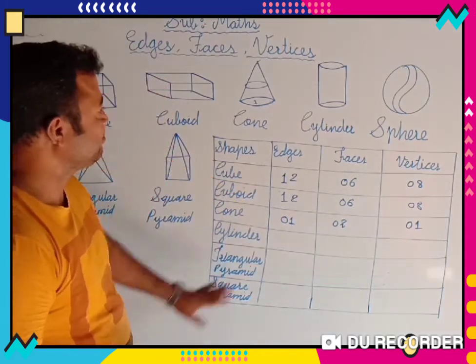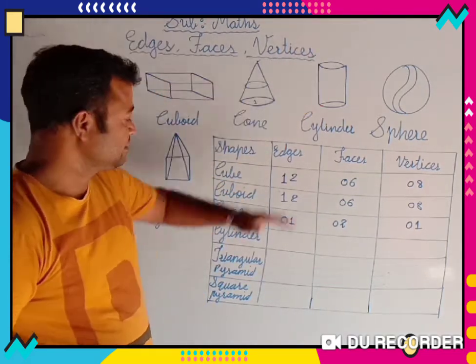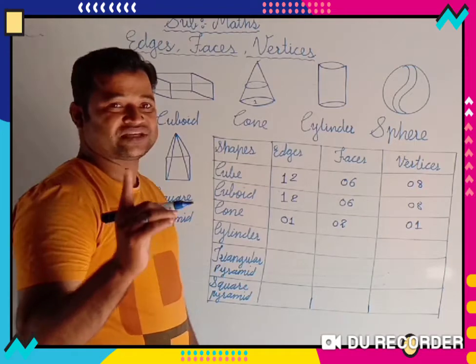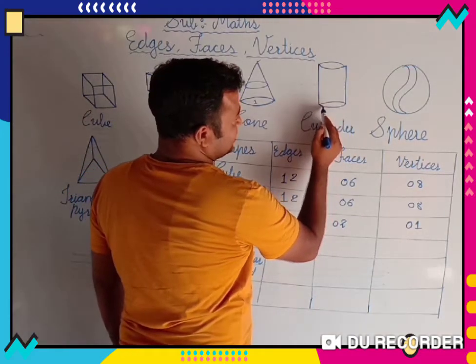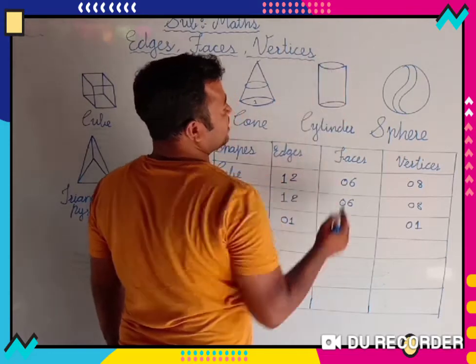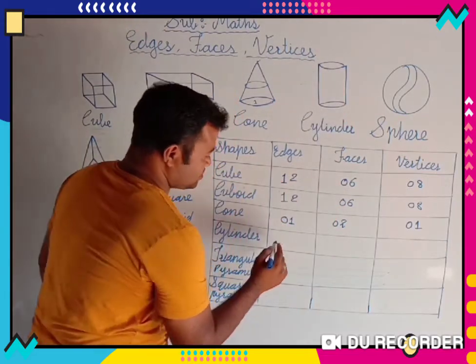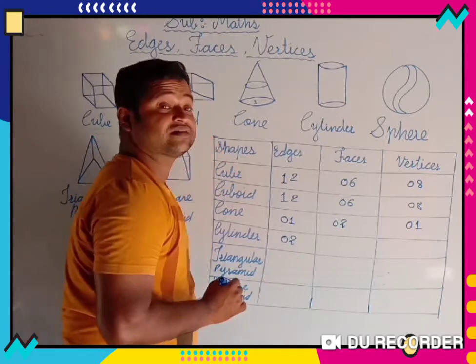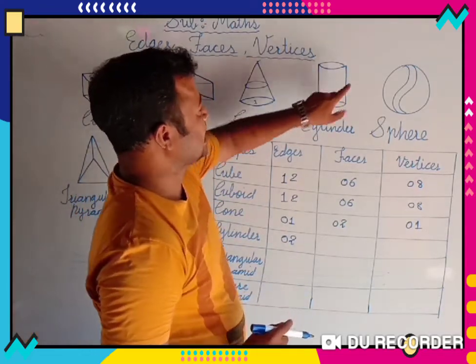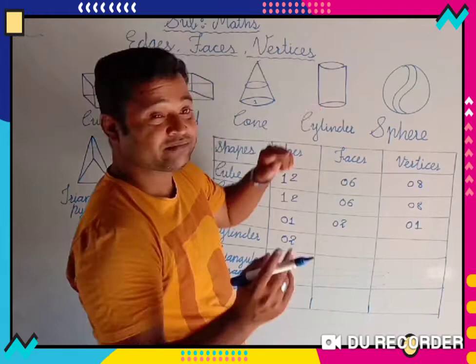Now let's understand the cylinder, right? The number of edges in a cylinder is 2. This downside is one edge, the upper side is one edge. So it has 2 edges. Dear kids, please do not get confused. These are not edges; this part remains circular.